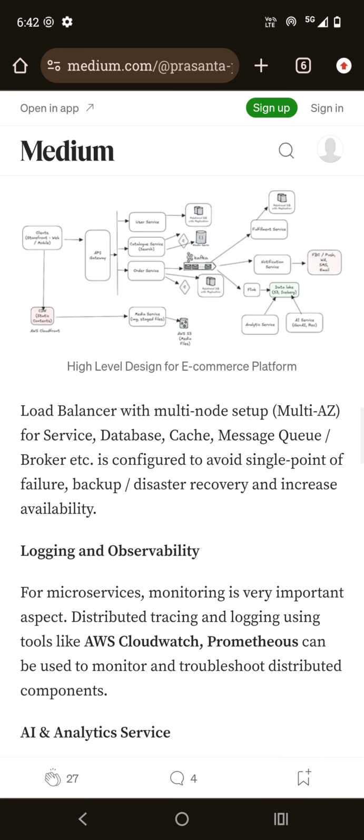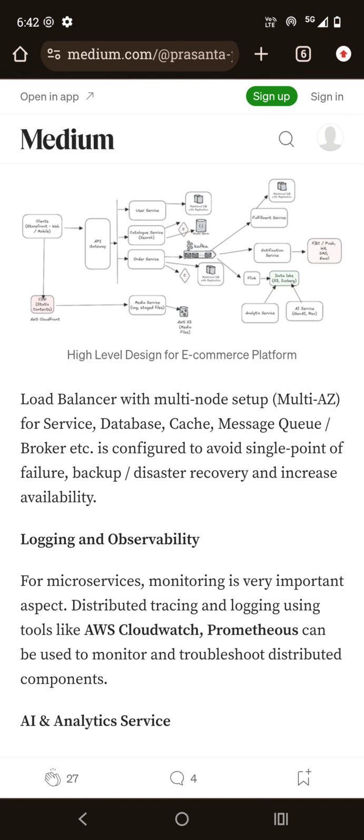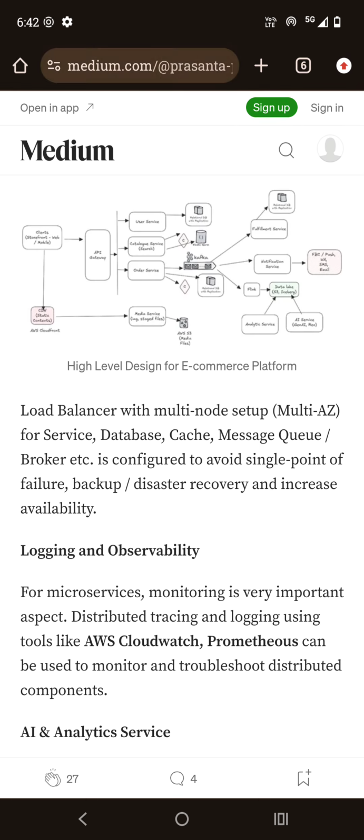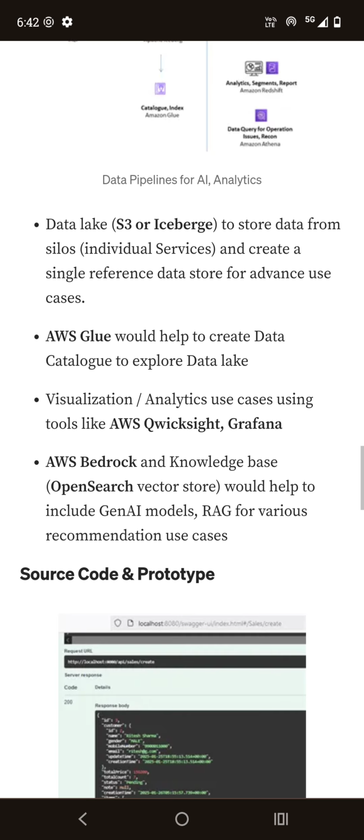And what else did we miss here? We covered analytics, data analytics, security, the caching mechanism, API gateway, token, and the authentication and authorization part. Okay, these are important.